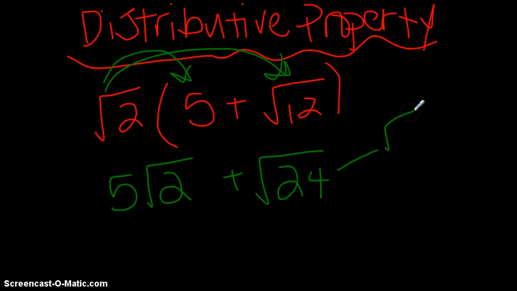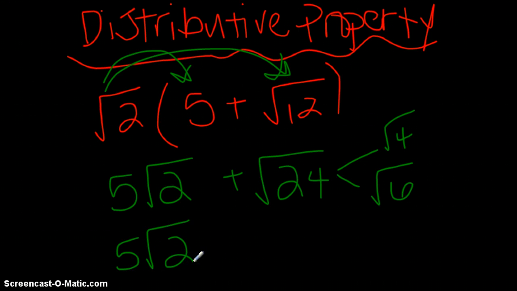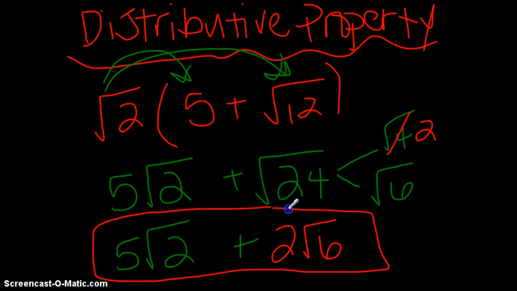That's root 4, oh sorry, root 4 times root 6. So this one is going to become 5 root 2 plus, root 4 is going to simplify, and what's that going to become? 2, good. 2 root 6. Can you simplify those any further? No. That is your final answer.